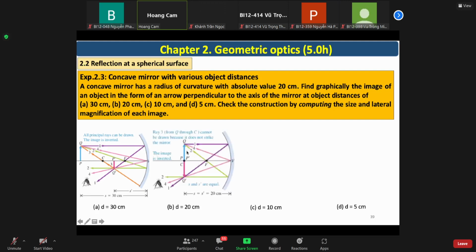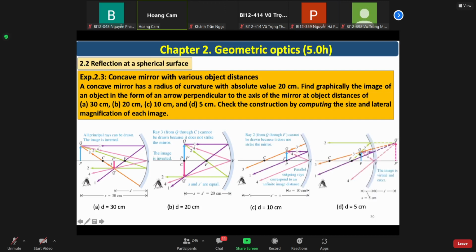The second case, when the object is located right at the center of curvature, by drawing you can also find that the image is at the same location, inverted, on the same side, and real as well. Now if we shift the object to the focal point here, the image is at infinity.